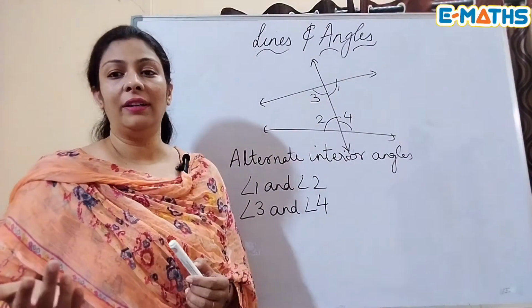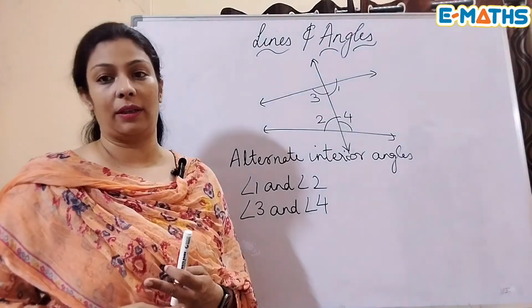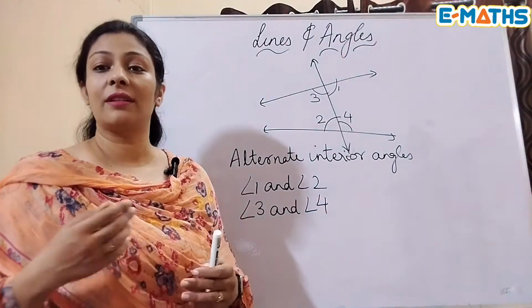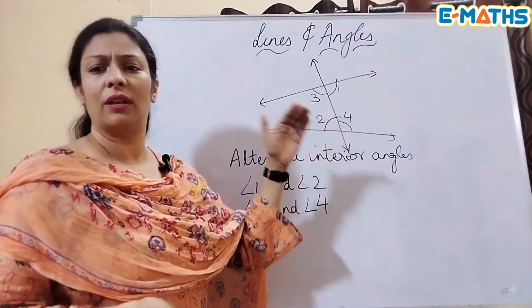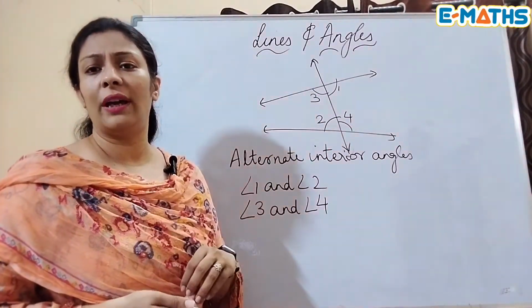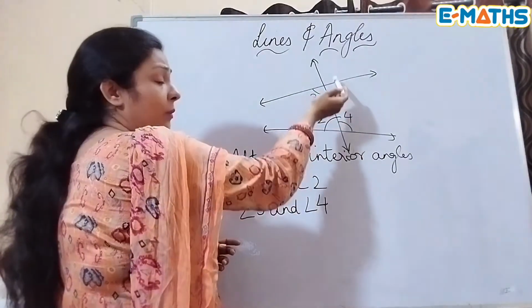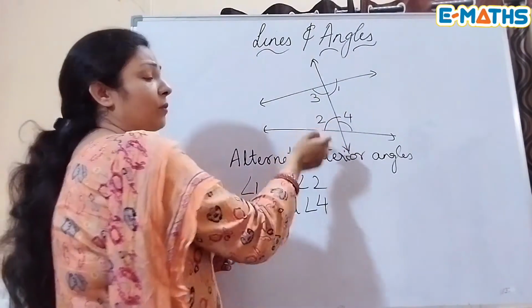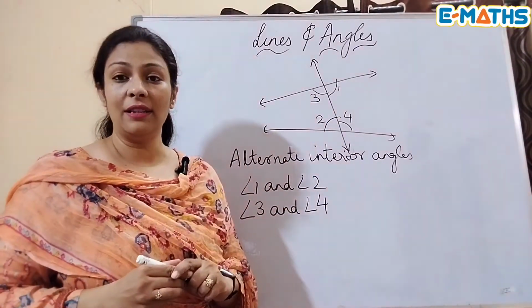You might find remembering the names difficult, but that is something which needs to be mugged up. So for that, just keep on saying the names. This one is easier because it's interior. It's about the angles that come in between the two lines, and alternate, of course, the opposite. One has to be taken from the first line, the other has to come from the next line, and on the opposite side. So that gives you alternate interior angles.